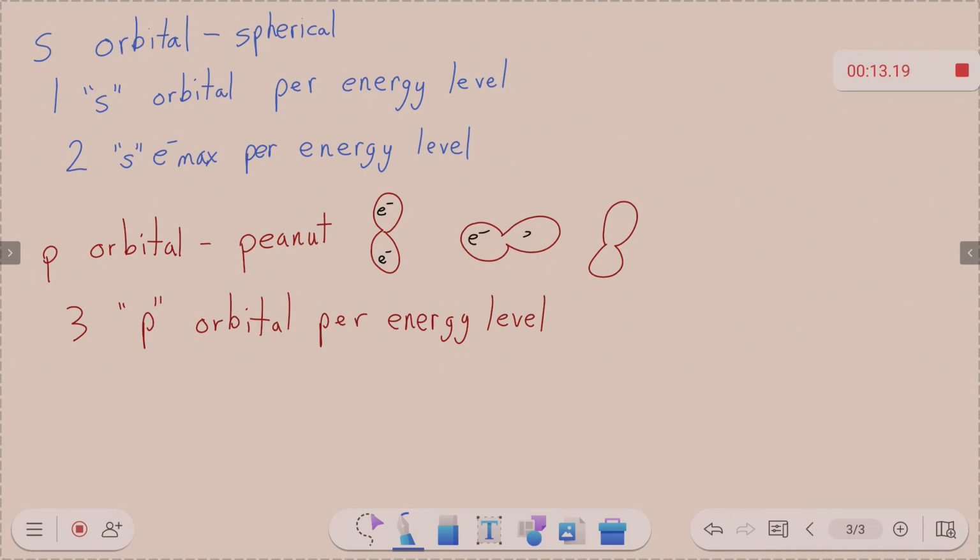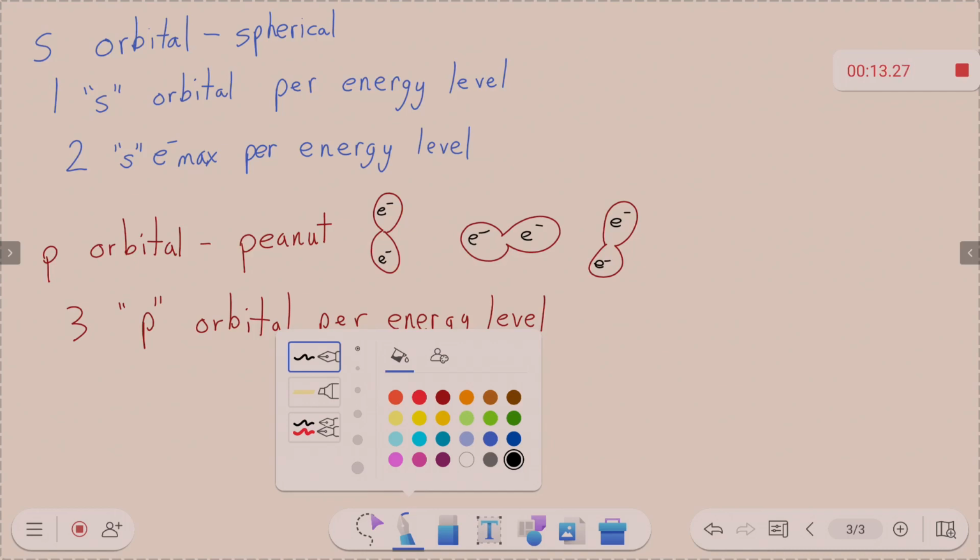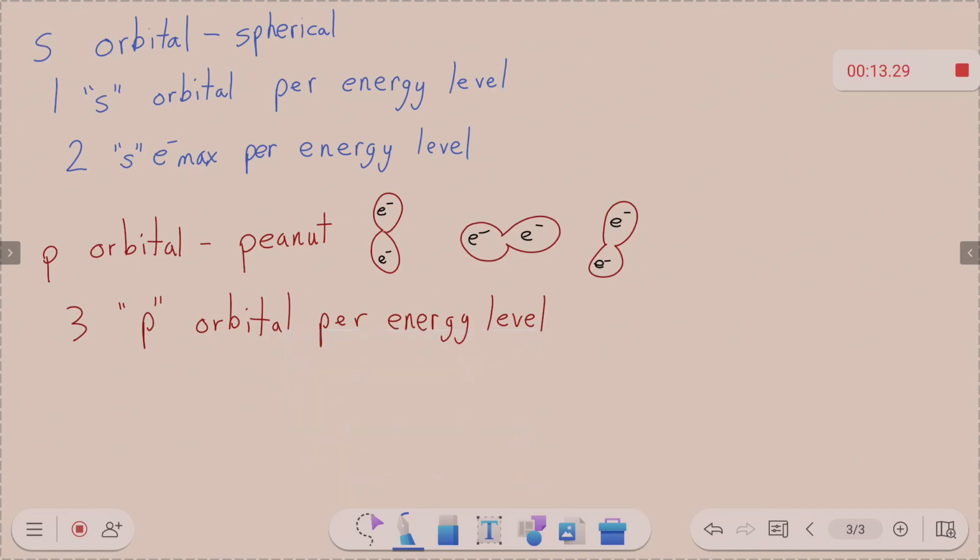This orbital could have 2 electrons, and this orbital could have 2 electrons. So because we have 3 different, distinctly different p orbitals in each energy level, we can have 2, 4, 6 electrons, or p electrons. So there are 6 p electrons max per energy level, or per distance from the nucleus.